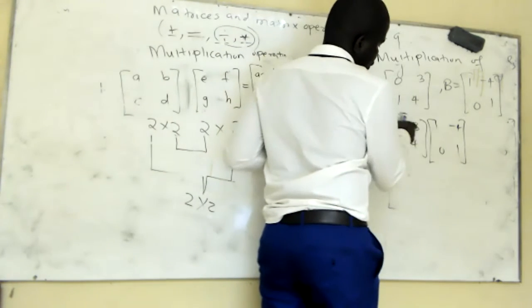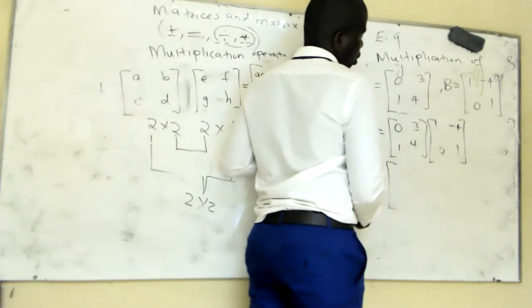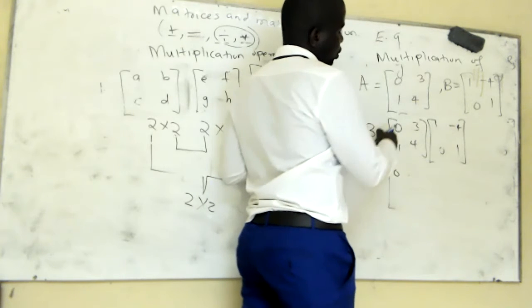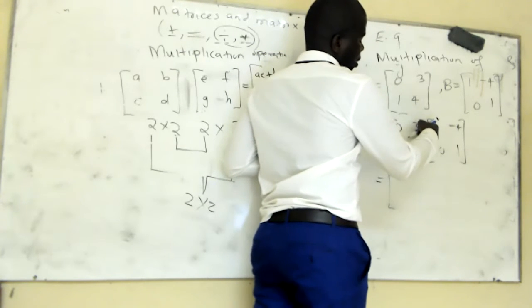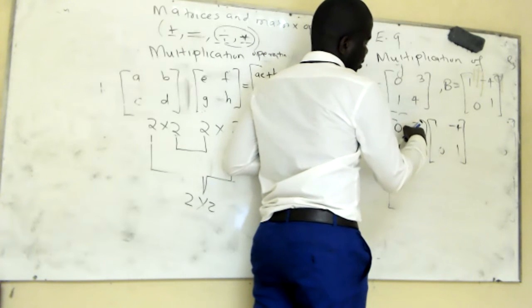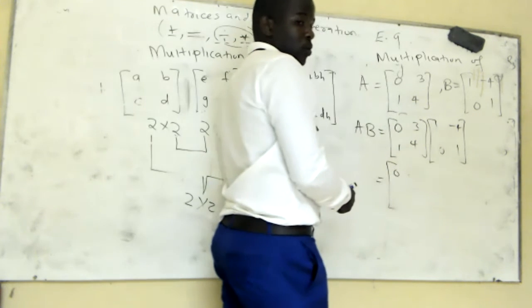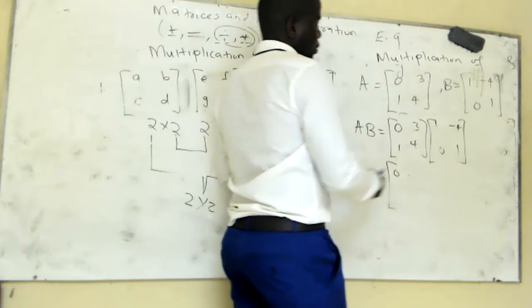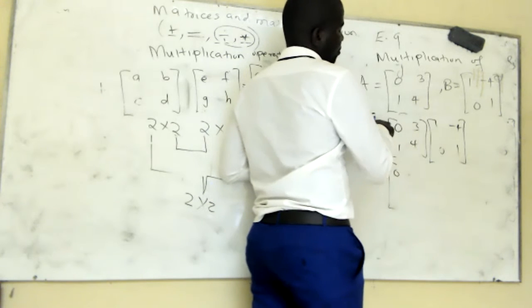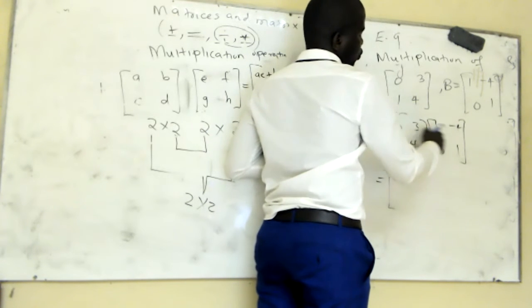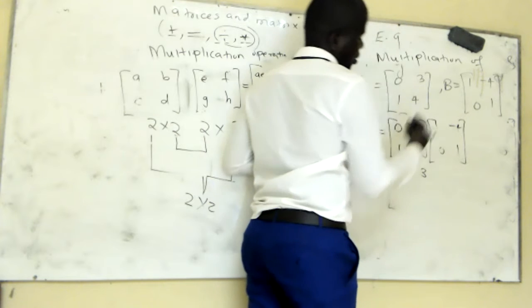So it's going to be the first row and the first column, which you multiply, and you're going to get a 0. Because it's 0 multiplied by 1, which is 0, plus 3 multiplied by 0, which is 0. 0 plus 0 gives you a 0. And then to get the second component, you multiply the first row and the second column. This multiplied with that is 0, this with that is going to give you a 3.